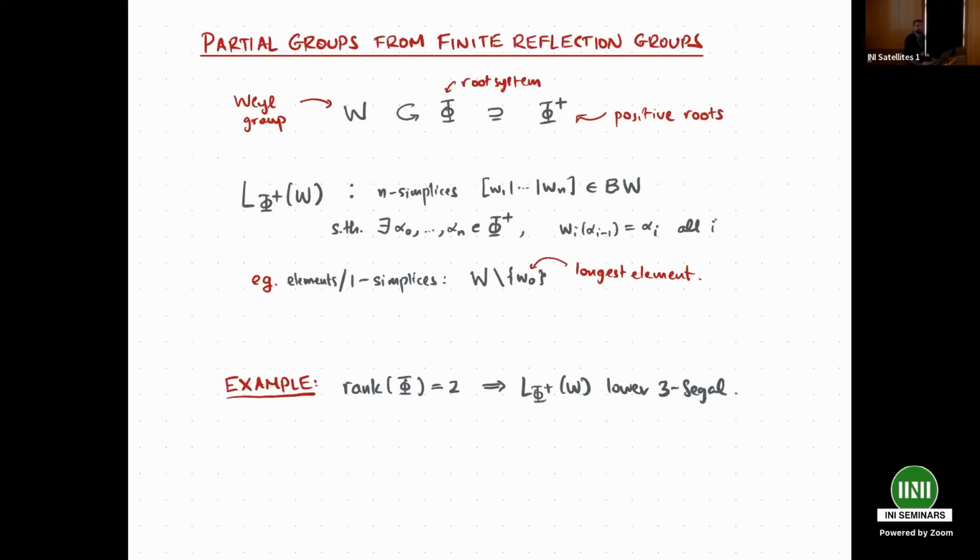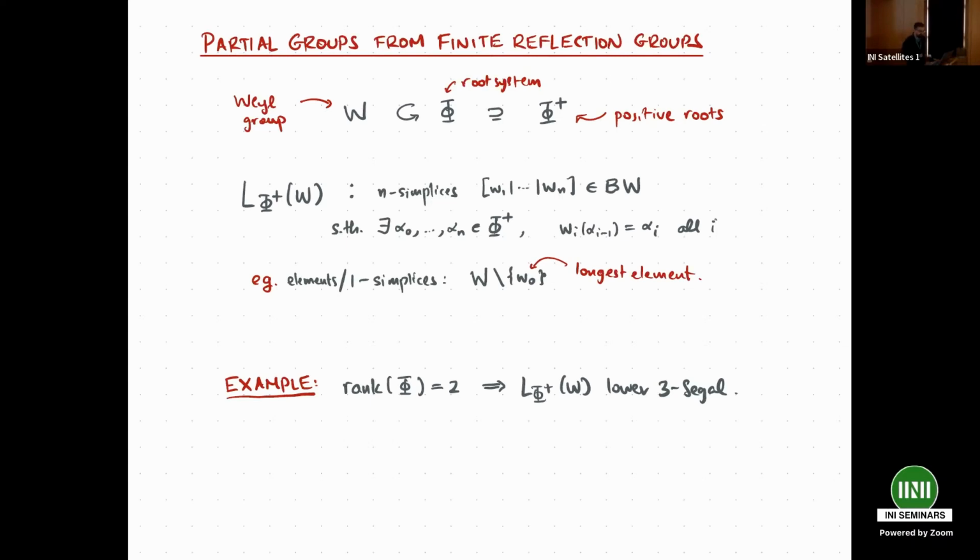Here's one more class of examples. I'll come back to the example with a combinatorial version of the locality, and I'm reminding you of the definition. In this partial group, an n-simplex in BW is multipliable if there's a positive root A0 such that W1 keeps that positive, W2 keeps that positive, and so on.